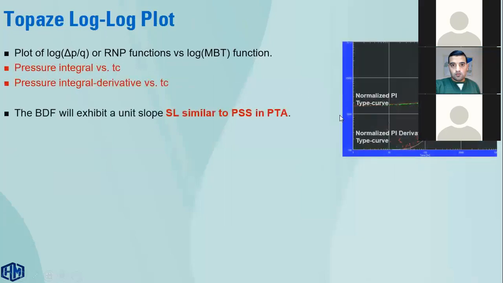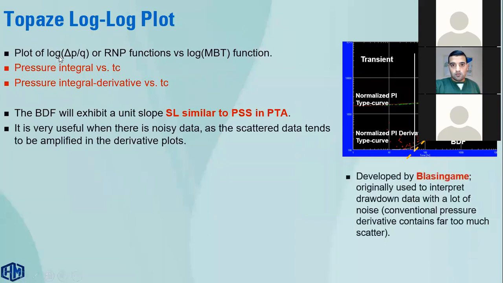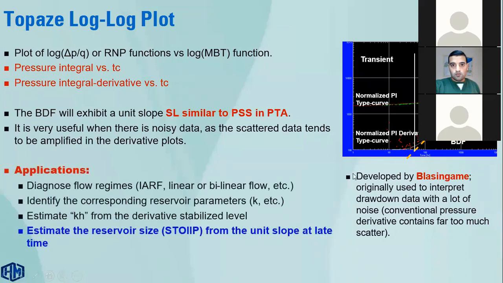The Blasingame log-log plot, as you can see, is simply a relationship of log delta P over Q versus log material balance time, and the pressure integral versus material balance time, and the derivative of the pressure integral versus material balance time. As you can see, we have three sets of type curves. What we will do in Topaze is to match our production data on these type curves.